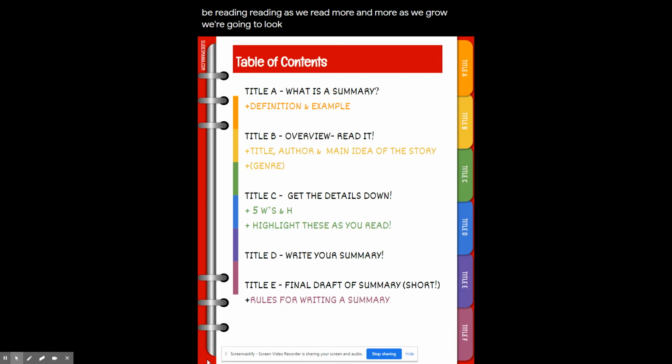We're going to look at the 5 W's and the H, the 5 question words: who, what, when, where, why, and then that 6th letter H, how, to help us identify the main idea and central idea of what we read. We're going to write a summary, and we're going to review the rules for writing a summary just before we jump into practicing the skill of writing summaries.